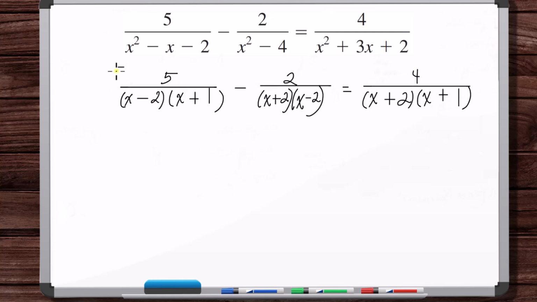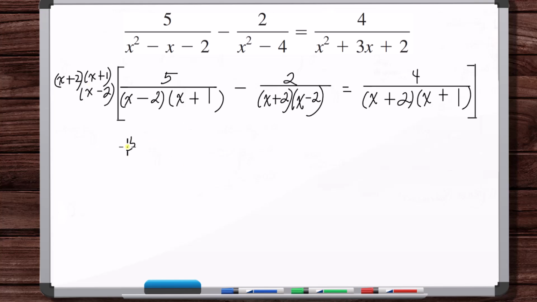Okay, so now we can see the least common denominator is x plus 2 times x plus 1 times x minus 1. So, or no, times x minus 2. So x plus 2, x minus 2, and x plus 1.